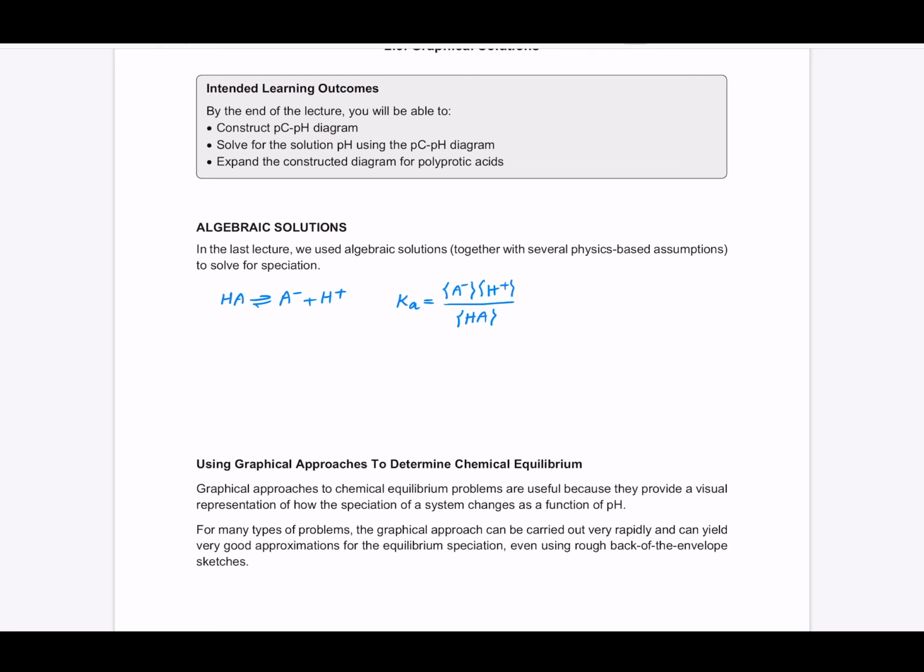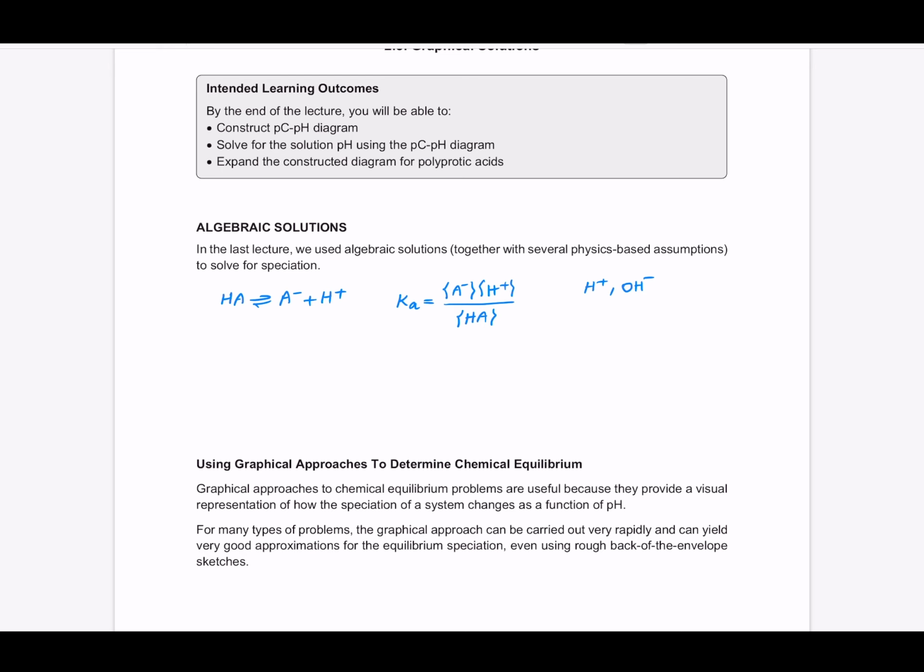Then in the previous lecture, we talked about speciation, the unique entities that we have in an acid-base system. In this particular reaction, when we talk of speciation, we always have H plus, water, and OH minus coming from water.